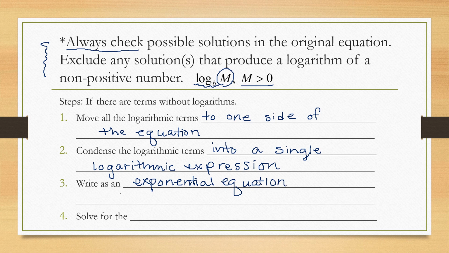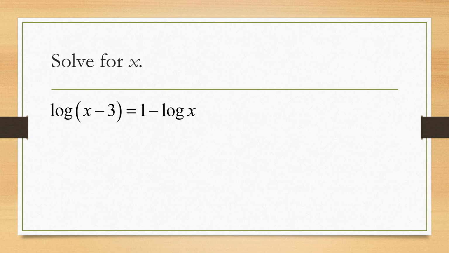So if we had log base b of m equals a, we're going to then rewrite that as b raised to the a is equal to m. And from that point, we're going to solve for the variable. Let's follow those steps and solve for x in this equation.